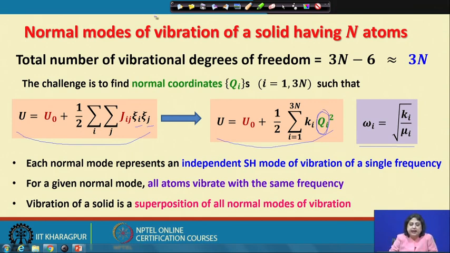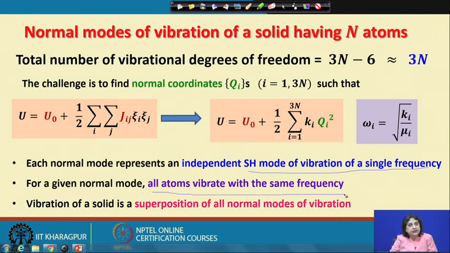So, we can say that the conclusion from this exercise is that each normal mode represents an independent simple harmonic mode of vibration having a single frequency. For a given normal mode, all atoms vibrate with the same frequency, and the vibration of a solid is a superposition of all normal modes of vibration.